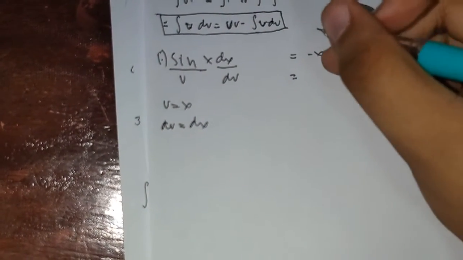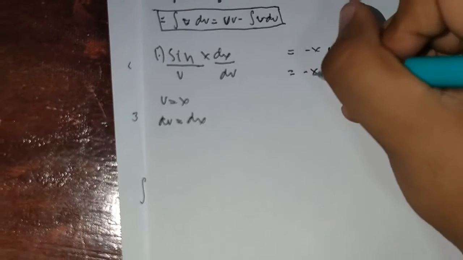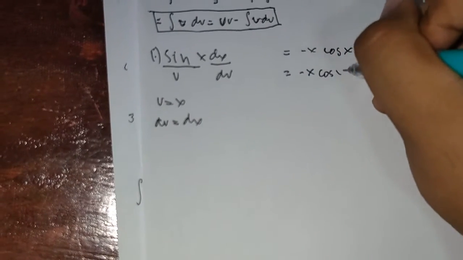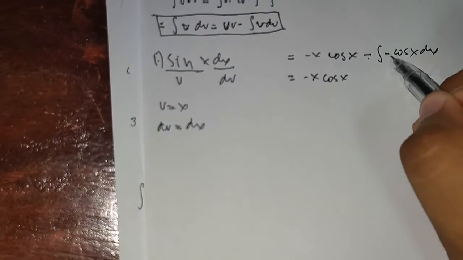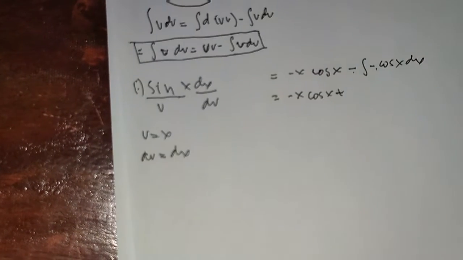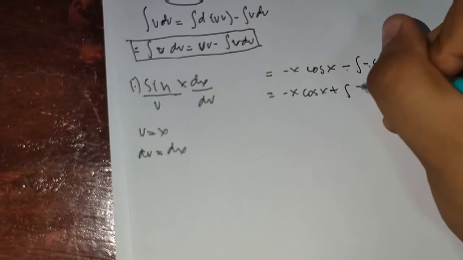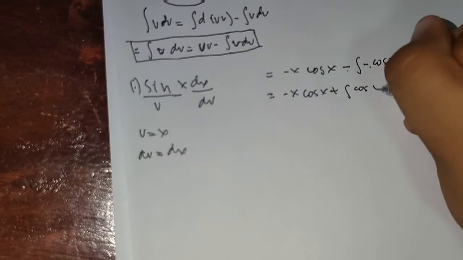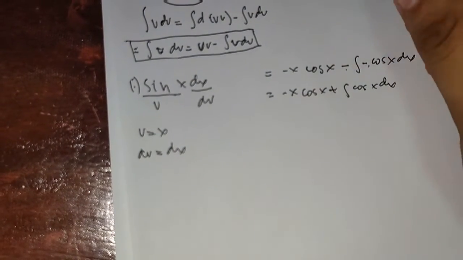Negative plus negative will become positive: integral of cosine x dx.